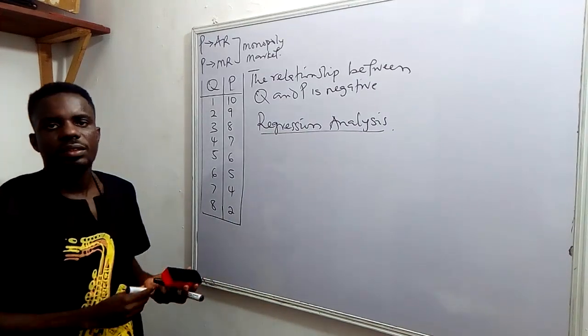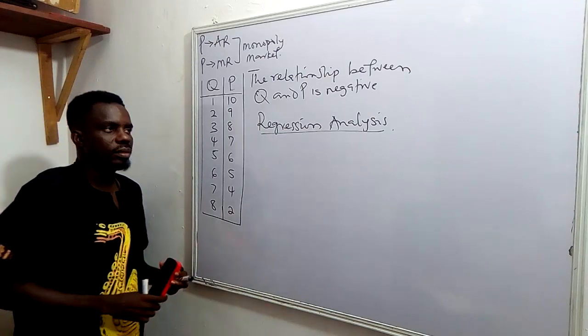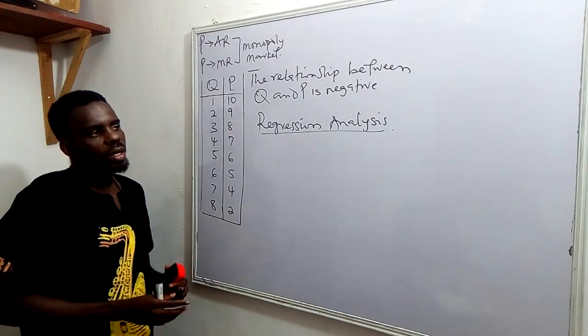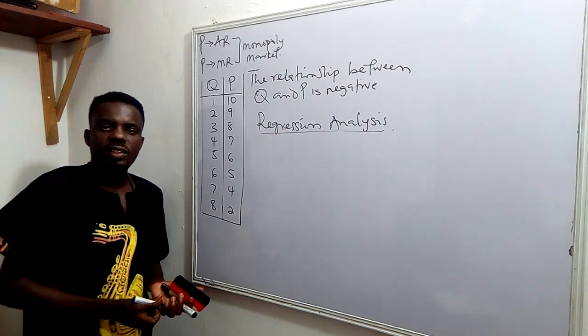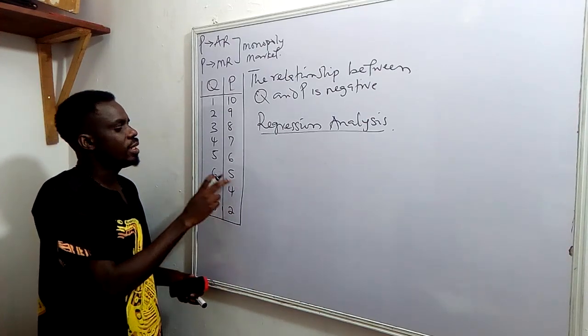For the sake of this class, we are going to avoid the details of regression analysis, but we actually made use of the Statistical Package for the Social Sciences to establish the relationship between price and quantity.